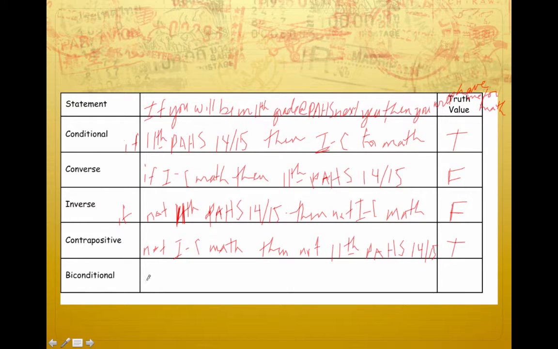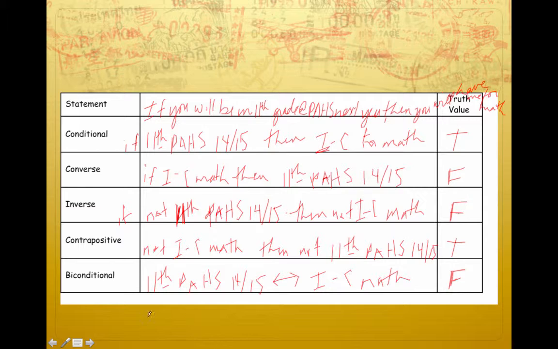This one would say that 11th graders at PAHS next year and people who will have me for math are the exact same set of people. Which, of course, that's not true because of the people that I will have the year after and after and after. So this one also false.